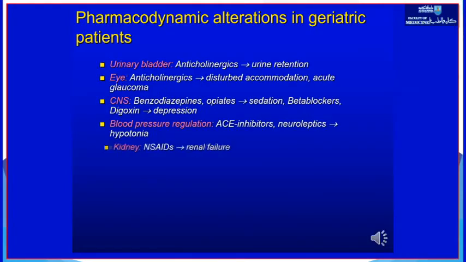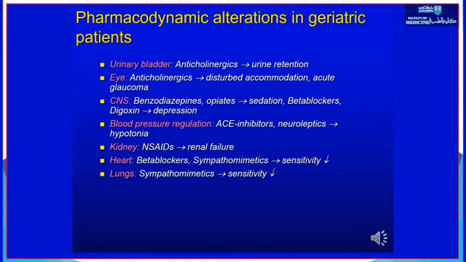So, for the pharmacodynamic alterations in geriatric patients, the main organs that you should take care of are, first, the urinary bladder, where anticholinergics can cause urinary retention, particularly in elderly men with benign prostatic hyperplasia. On the eye, anticholinergics can lead to disturbed accommodation or even acute glaucoma.